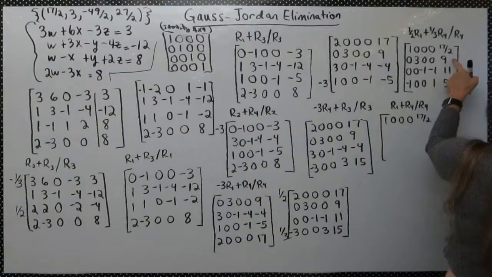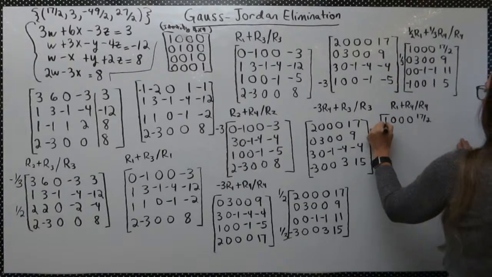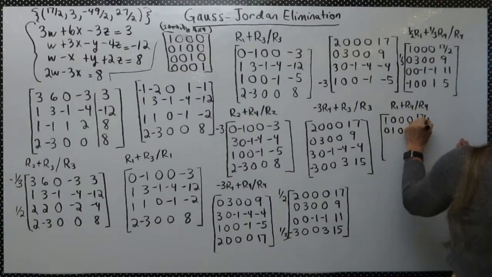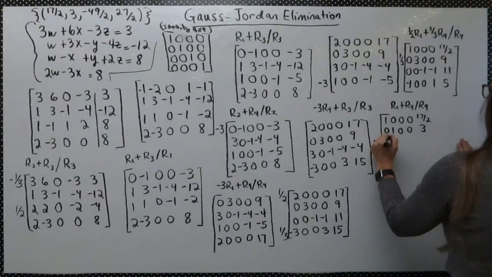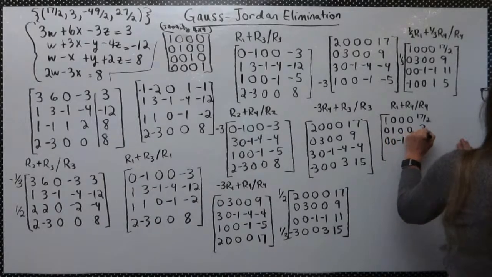And then go ahead and divide off the 3. We'll go ahead and say 1/3 row 2 just to skip a step. 0, 1, 0, 0, 3. 9 divided by 3 is 3. And then we've got 0, 0, -1, -1, 11.